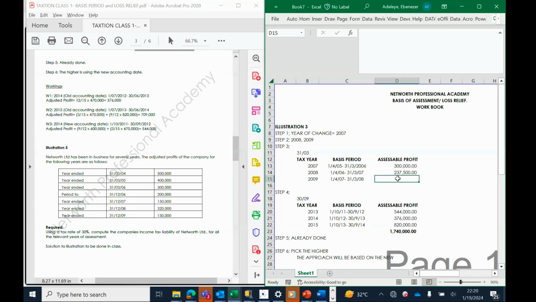From here, we already took 3 months out of it, so we'll take the remaining 9 months from that period. 9 divided by 12 times 150, plus we'll take the remaining 3 months from the next period.